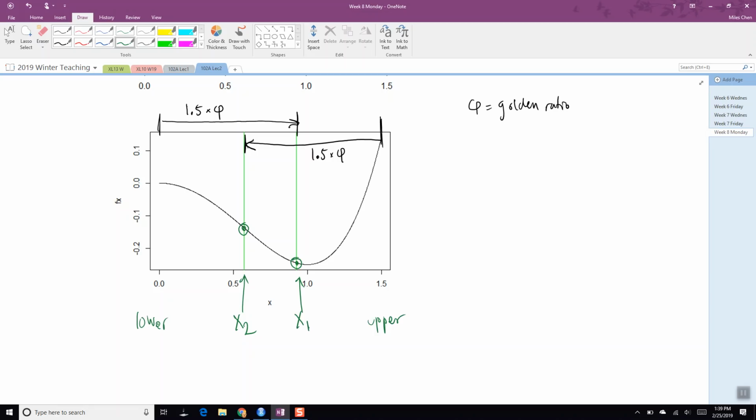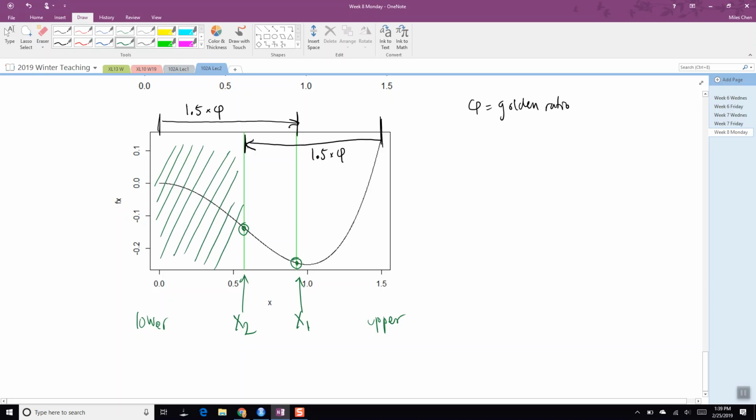The fact that there's one local minimum within this range, and that x1 is lower than x2, eliminates the possibility that there's another value to the left of x2 that's lower than f of x1. So we can eliminate this side of the picture. We know there's no local minimum here.